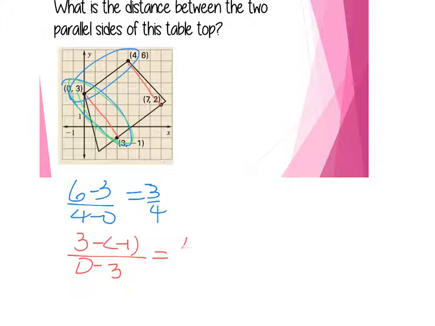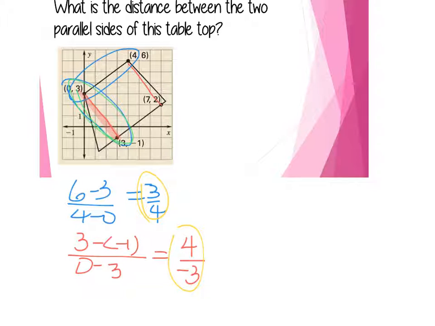And then I get 4 over -3. Notice the two slopes are opposite reciprocals. So the two lines, the perpendicular segment and the side of the tabletop, are perpendicular. Now I'm going to calculate the distance of this segment right here.